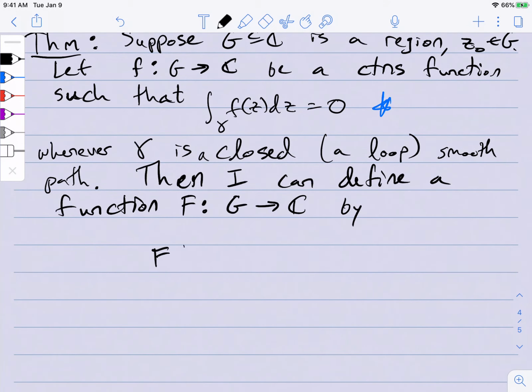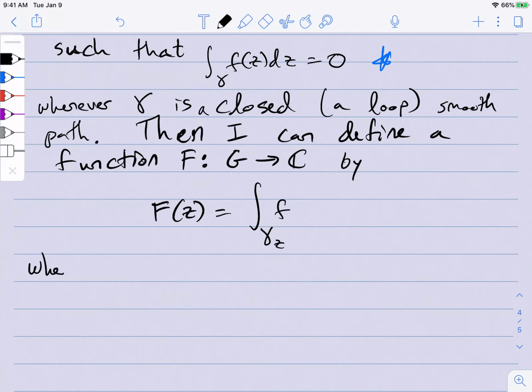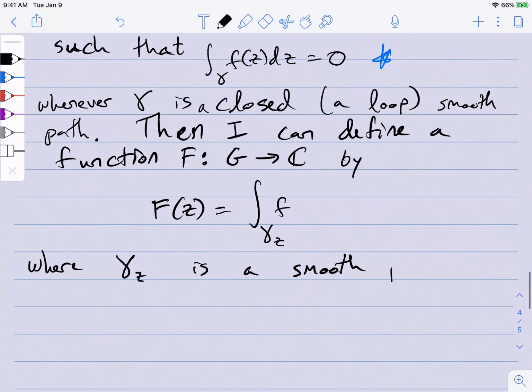I'm going to define F of z to be the path integral of little f over a particular path gamma z, where gamma z is a path from z0 to z.